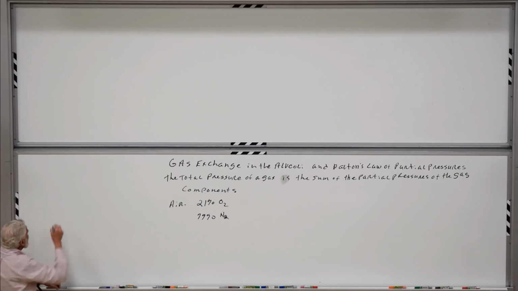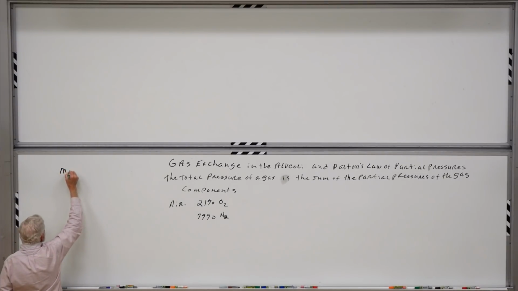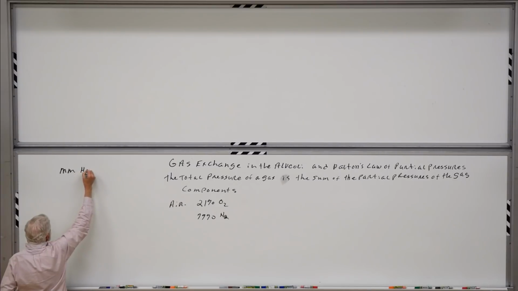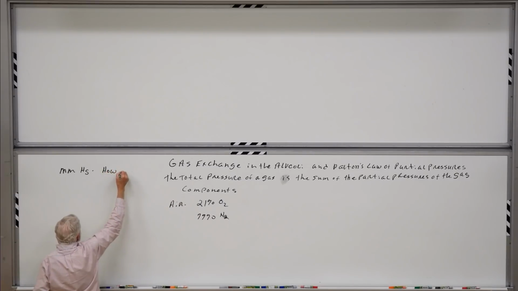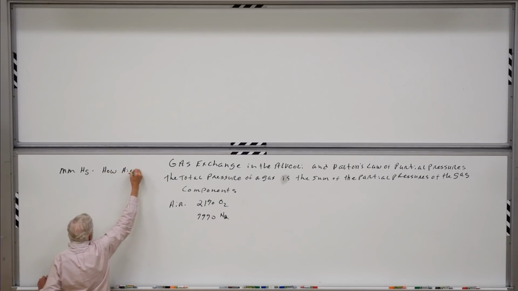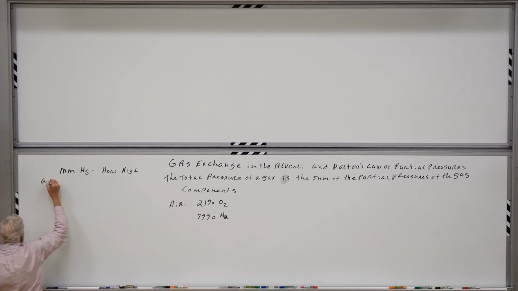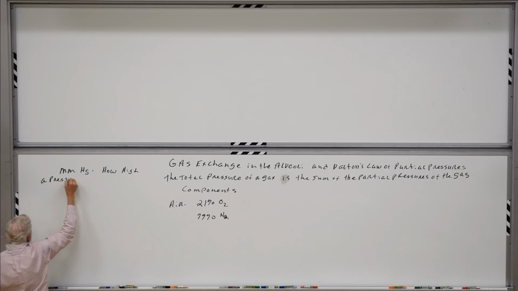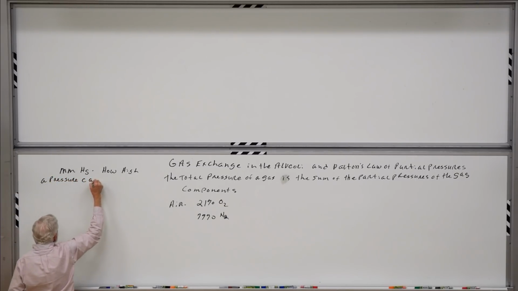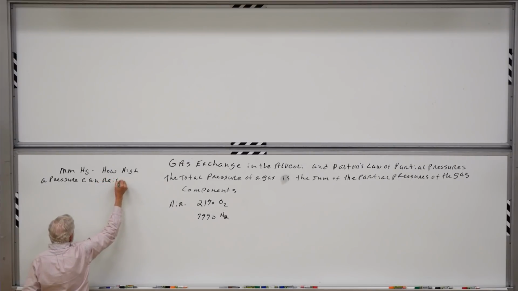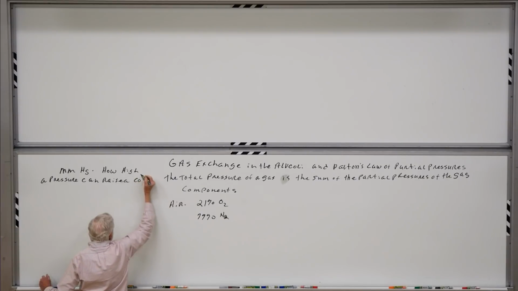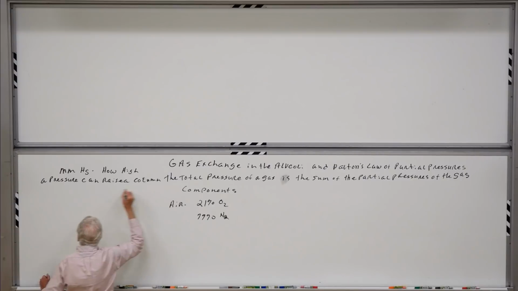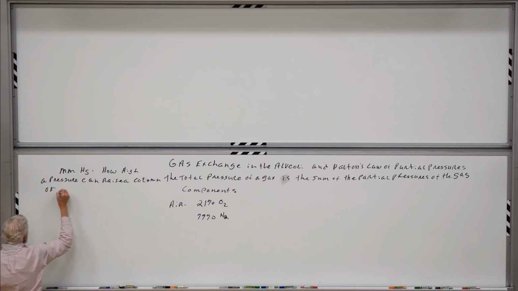But the millimeters of mercury is defined as how high a pressure can raise a column of mercury.